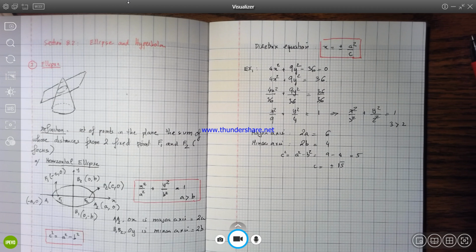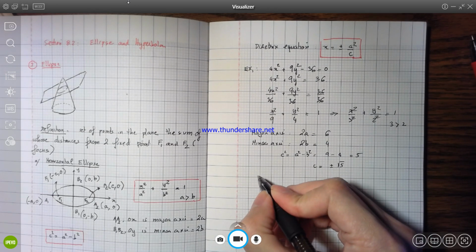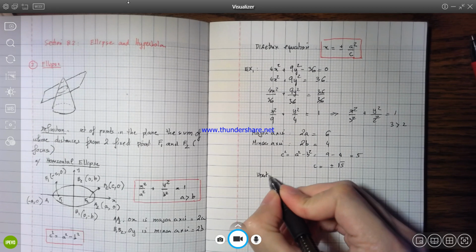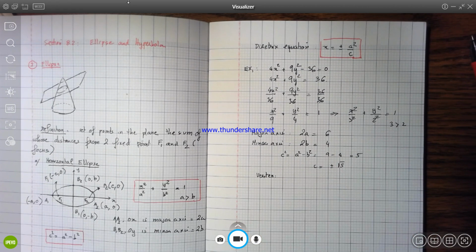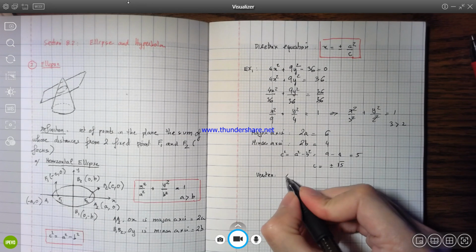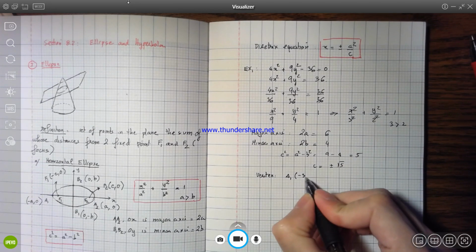Okay, so we have the vertices. Vertex a1 has coordinate negative 3, 0.